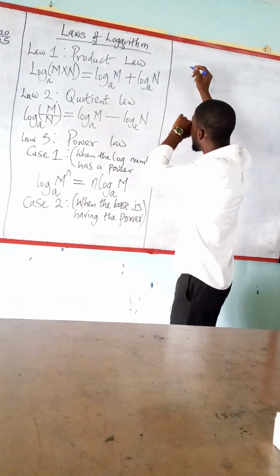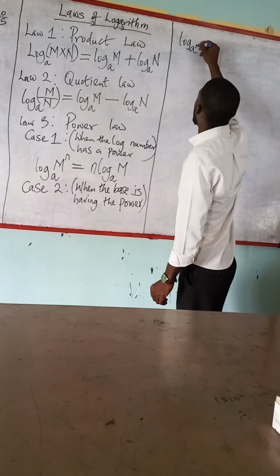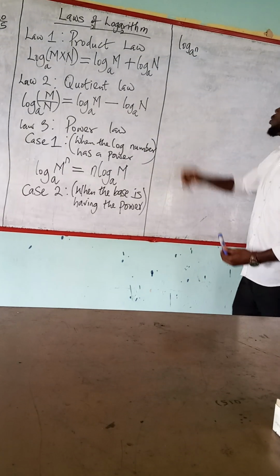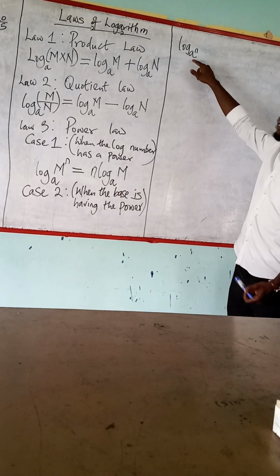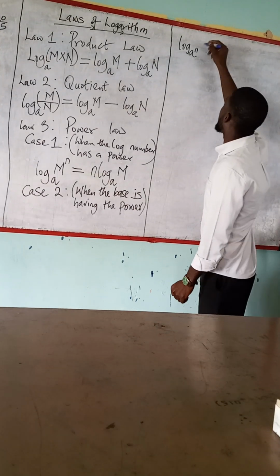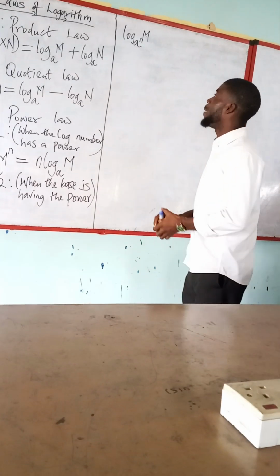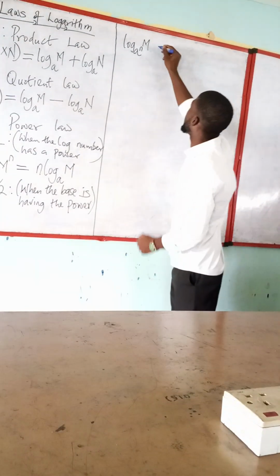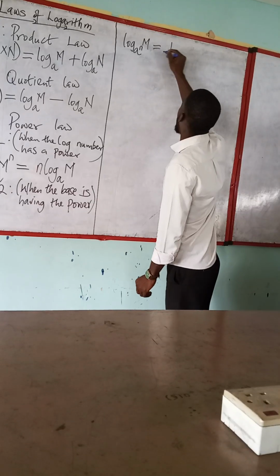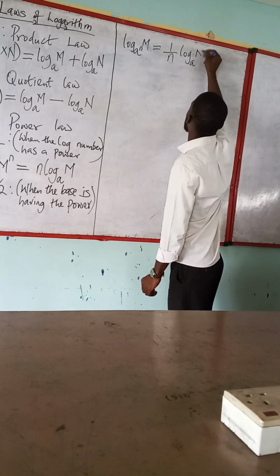Assuming that we are having log base a raised to the power of n, the base of the logarithm is a, but this time around it comes with the power n. We are saying that this is descending as 1 over n of log base a of what? N.